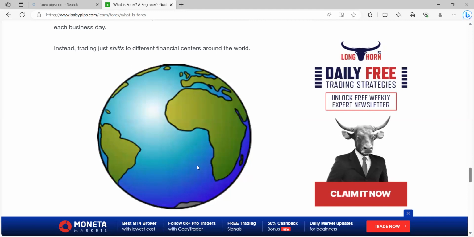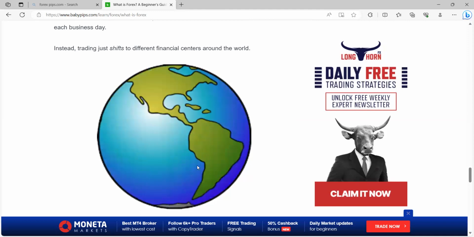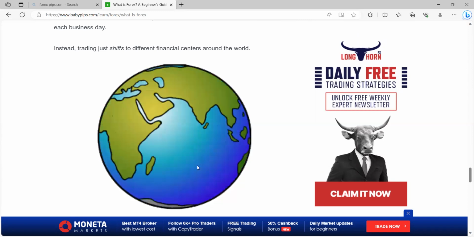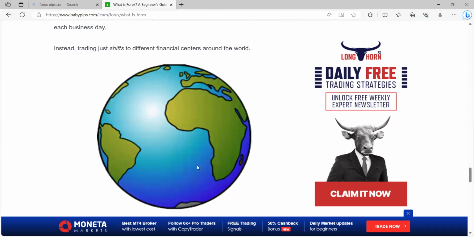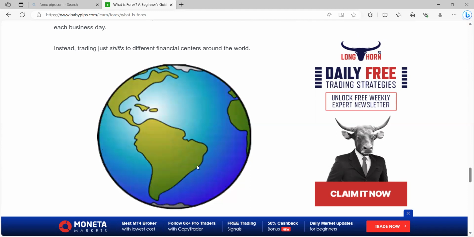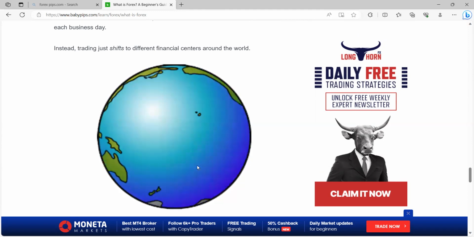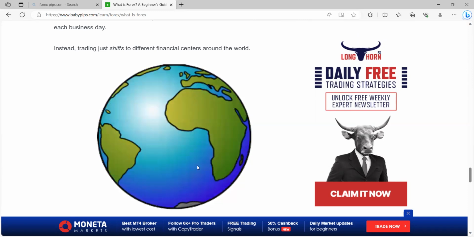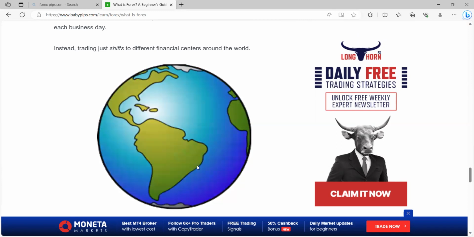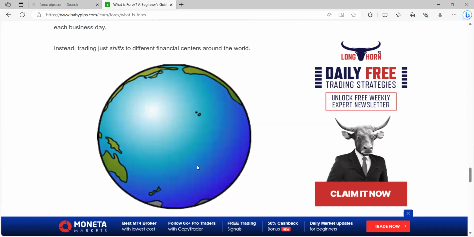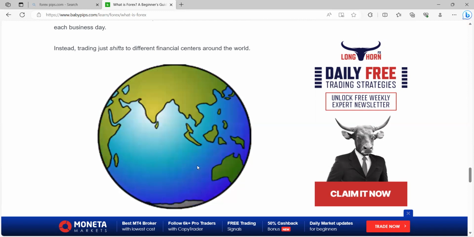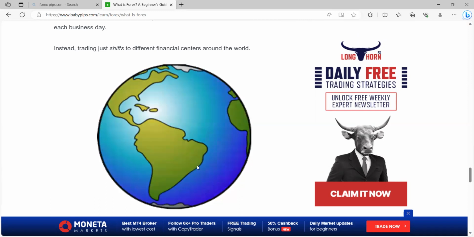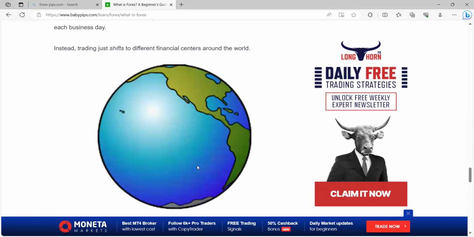The Tokyo session is mainly in the morning. That's when your Japanese yen pairs move a lot, and then during the day they move slowly. When it's night for us, Tokyo is awake, and when we're awake they're sleeping.